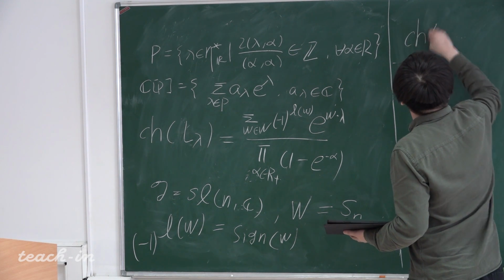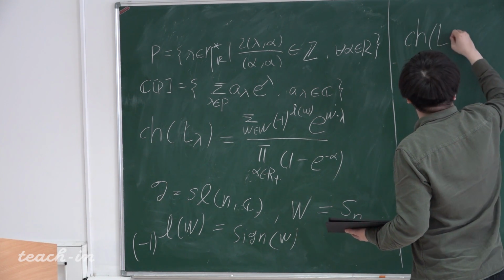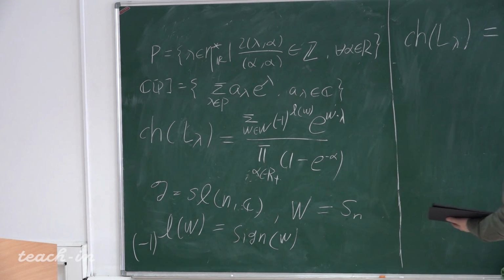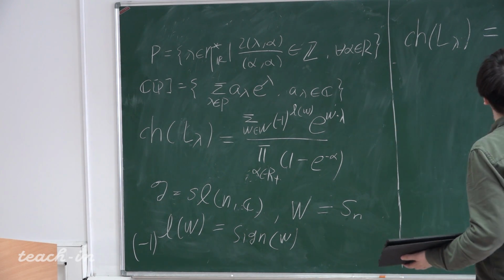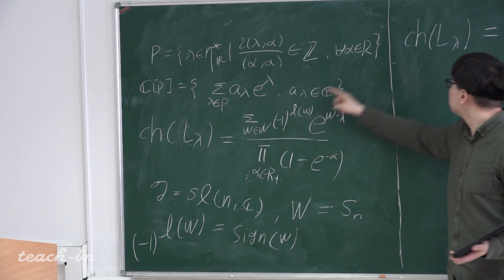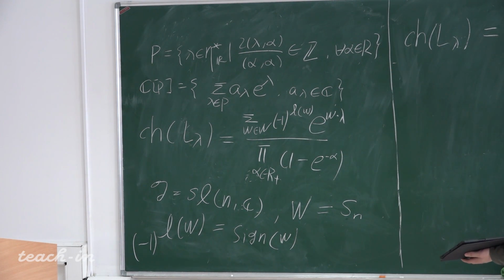Okay, we start to rewrite everything. This side, this one becomes the permutation group, so we just change the notation: sigma from S_n, and sigma is just a sign.